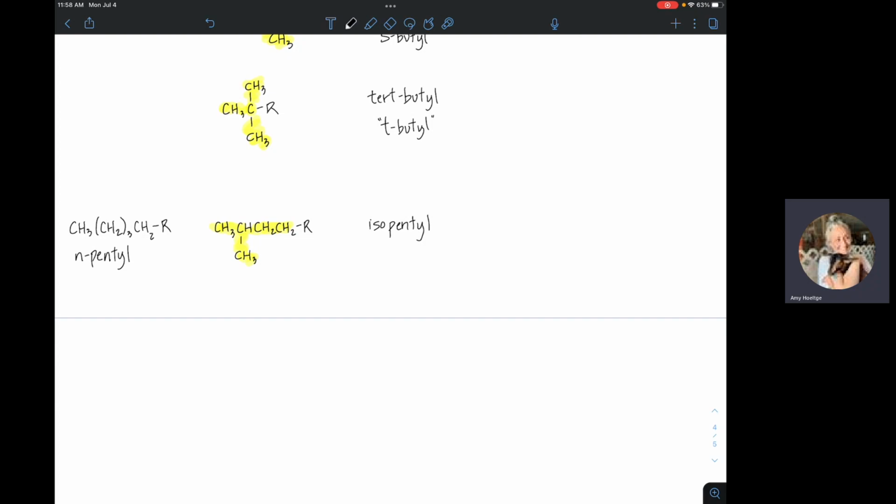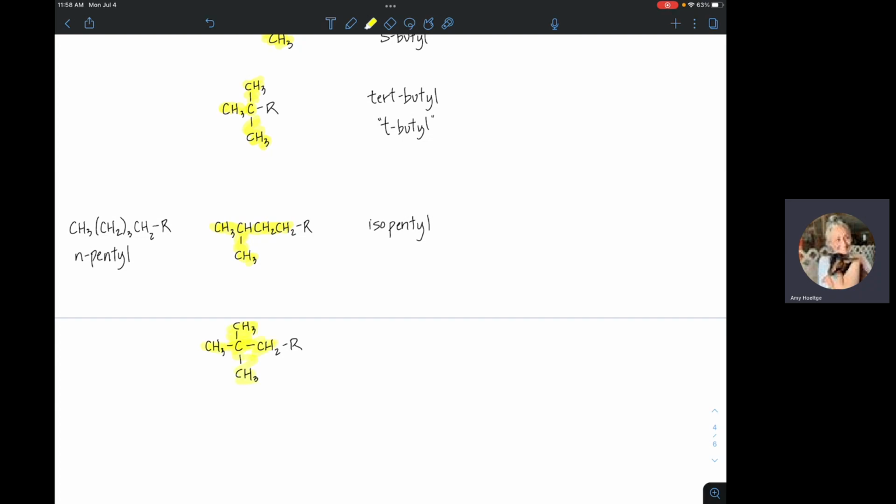There is another one where I could hook up all of the methyl groups to one of these carbons. And then I have my methylene with the R group on it. So I still have 5 carbons in the group.